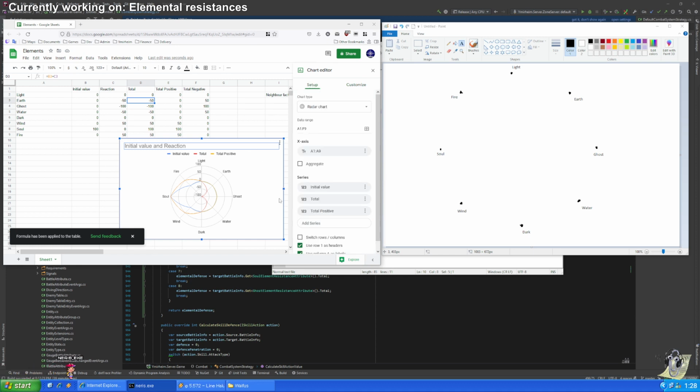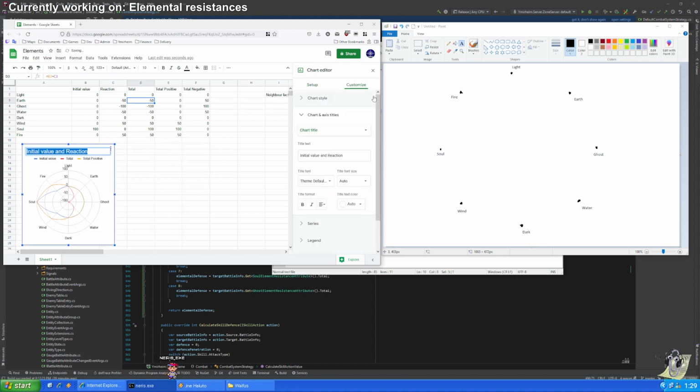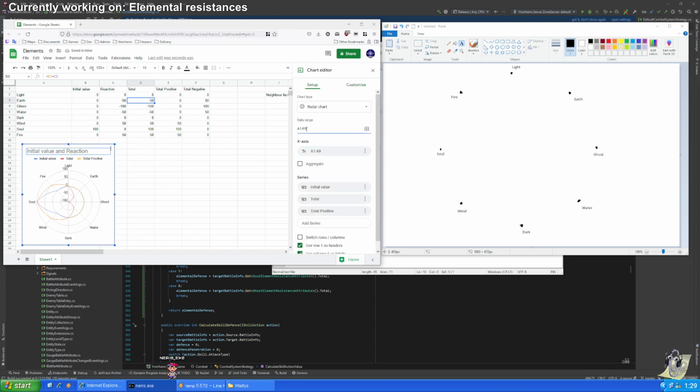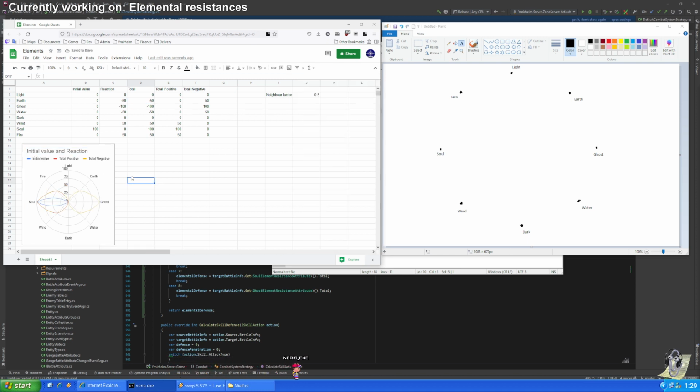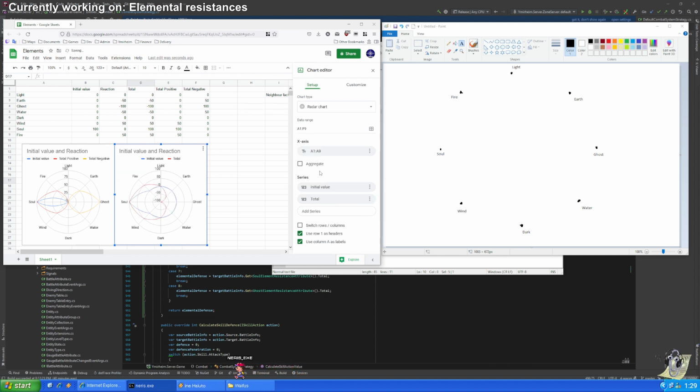Now let's keep this chart. Just make it shorter. But set it a little bit different. Yeah, up to F. This is total positive, total negative. Then copy. And then this one is gonna be just total.